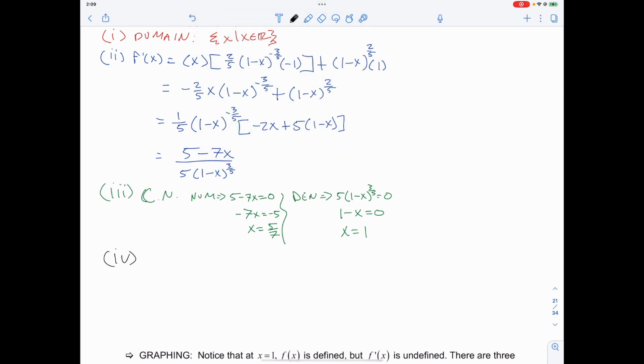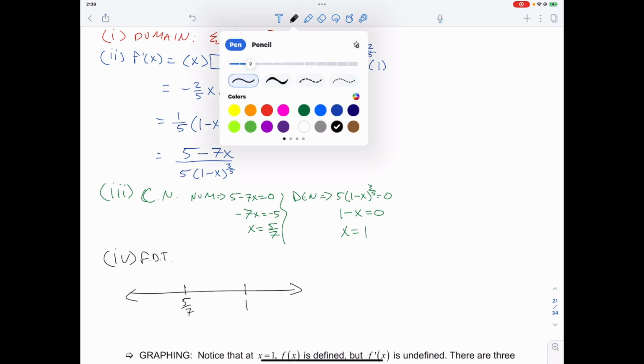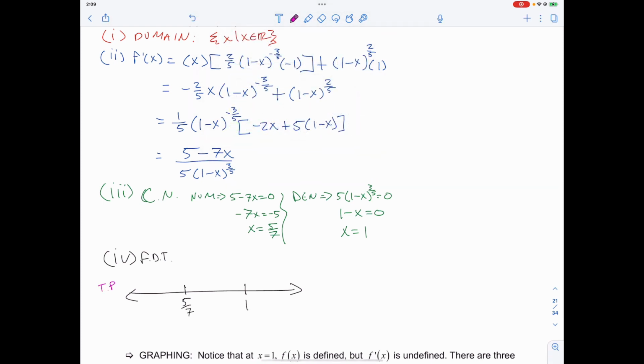Then I'm going to do my first derivative test. I have 5 over 7. I have 1. I'm going to pick some test points. So let's use 0, 0.9, and 2, and I'm going to put them into my derivative to see what is taking place here.